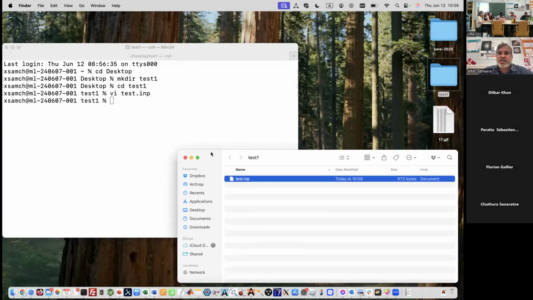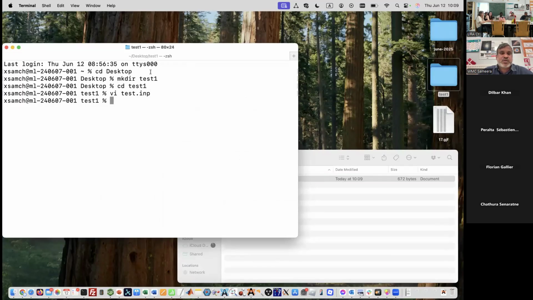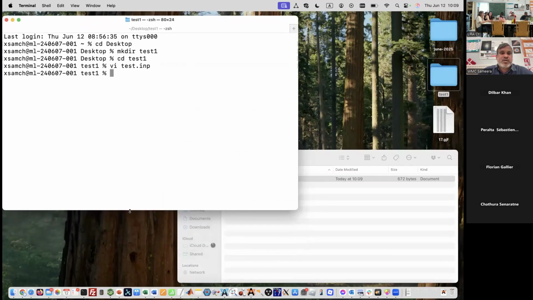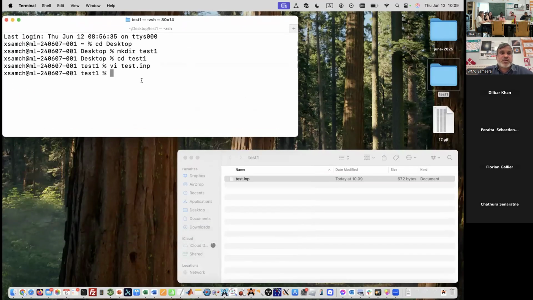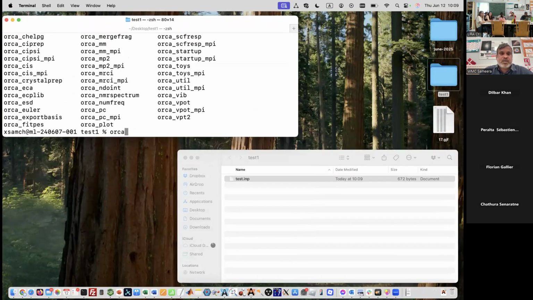You may be a Windows user, maybe a Linux user, or Mac user. So you can simply execute the computation using this command.